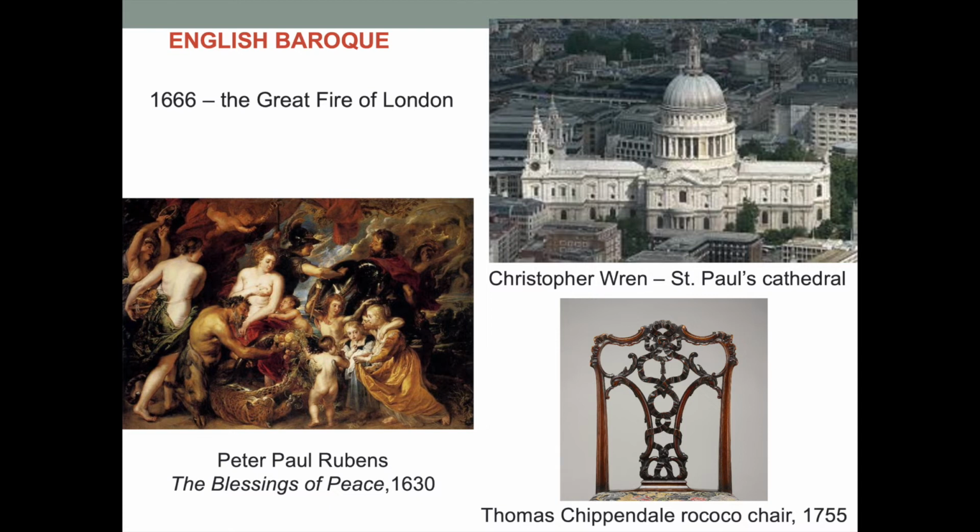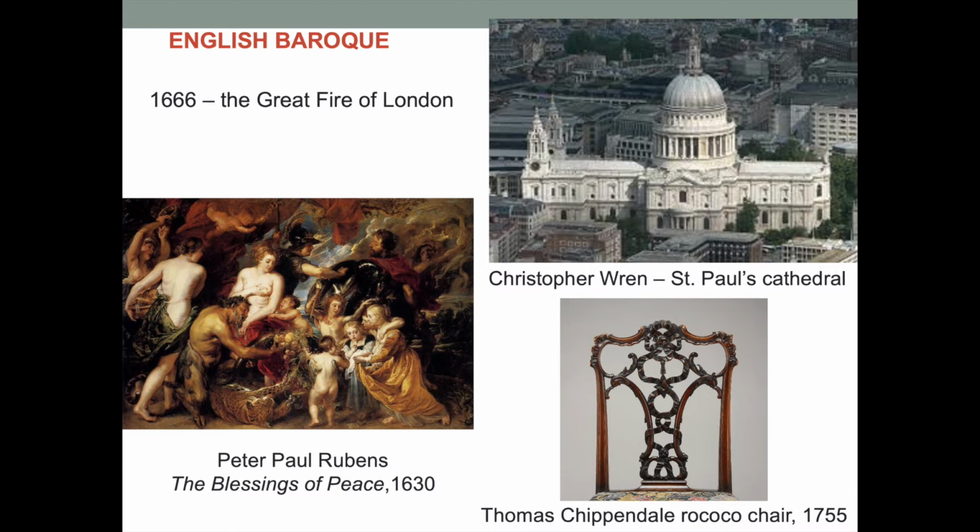We have Baroque architecture, like most visibly St. Paul's Cathedral, made by Sir Christopher Wren, to actually compete with St. Peter's Cathedral in Rome. So the great Protestant answer to one of the greatest Catholic Renaissance structures in the Western world.